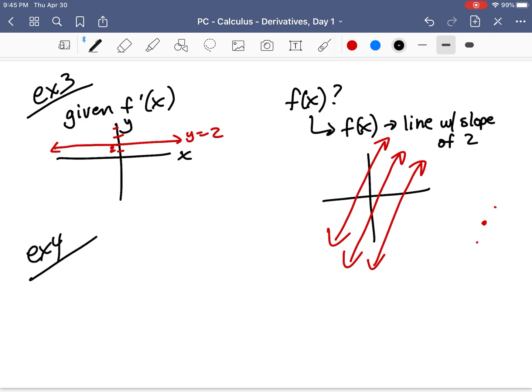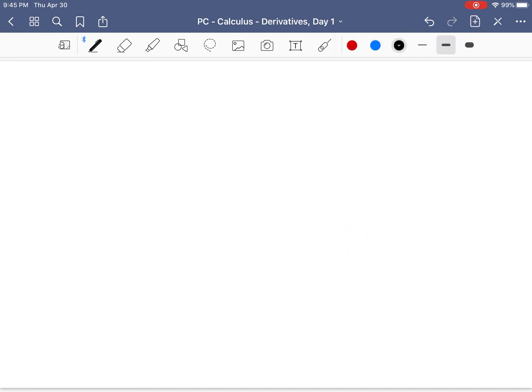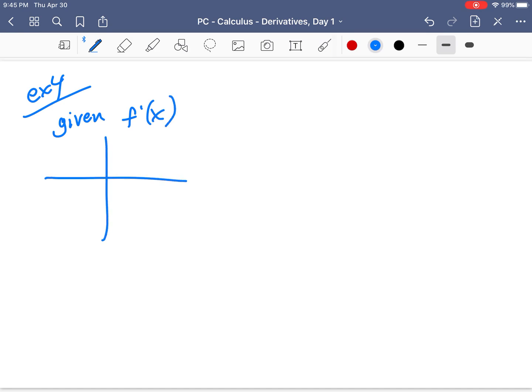All right, let's do the next one. Actually, let me go to the next page for this one. Let's say I'm giving you that f prime of x looks like this. It's a line going through the spot -2.